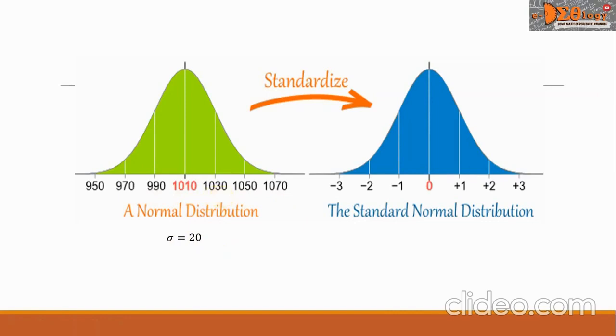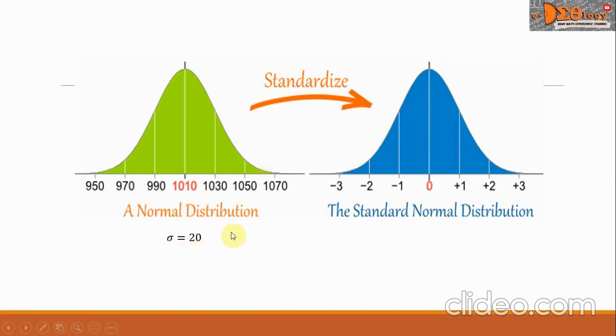The next is 1050. And the last is 1070. The same pattern follows on the left side. On the left of the mean is 990. Next is 970. And the last number here is 950. So we can observe that the interval is of this value, which is the standard deviation 20.